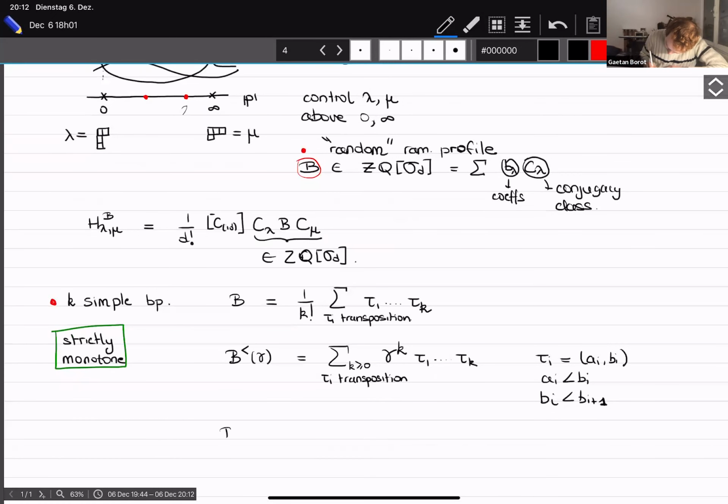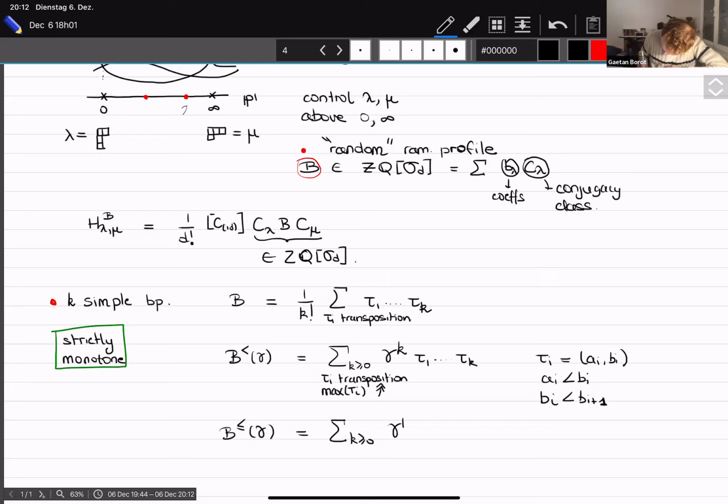And you can also consider the weakly monotone. So here it's max, whatever, this b_i, I call it max of tau_i, and it should be strictly increasing.